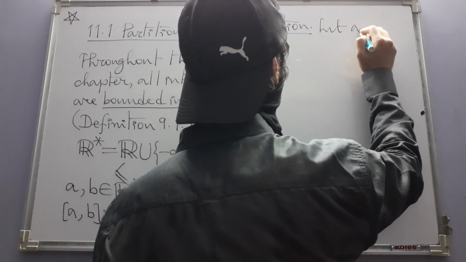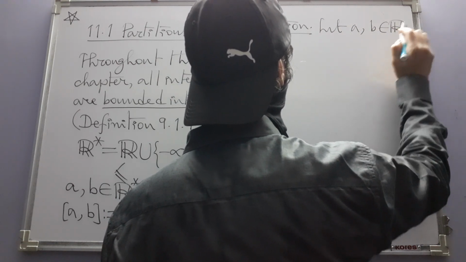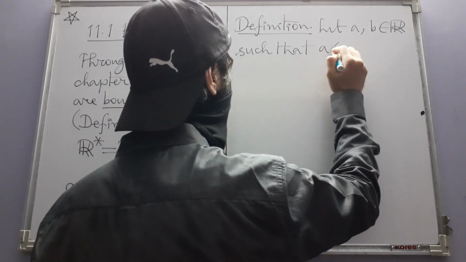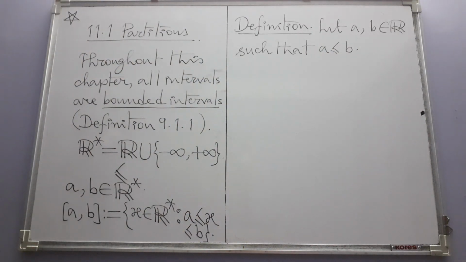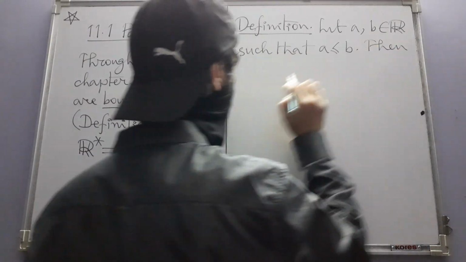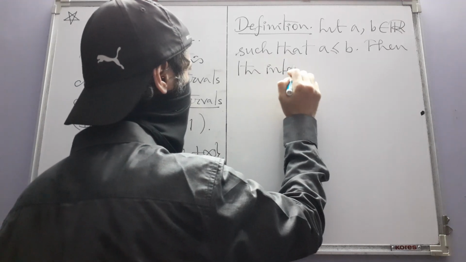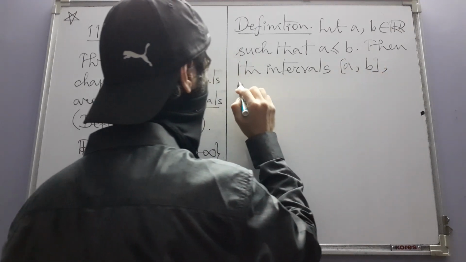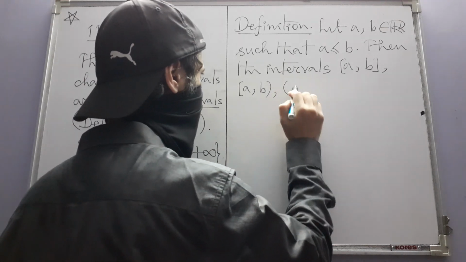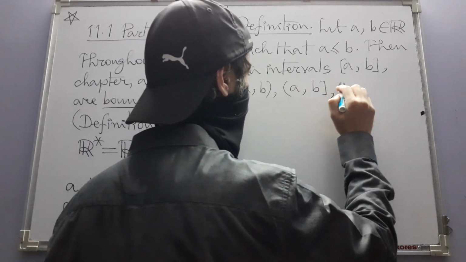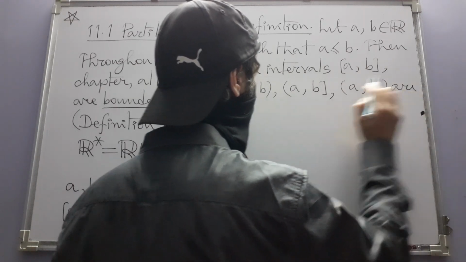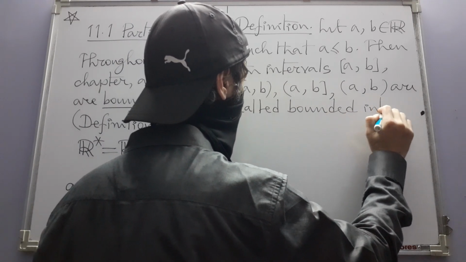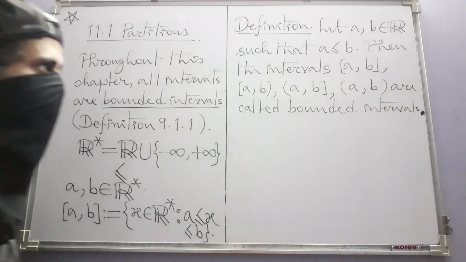Let A and B be real numbers such that A is less than or equal to B. Then the closed interval A comma B, closed open interval A comma B, open closed interval A comma B, and open interval A comma B are called bounded intervals.